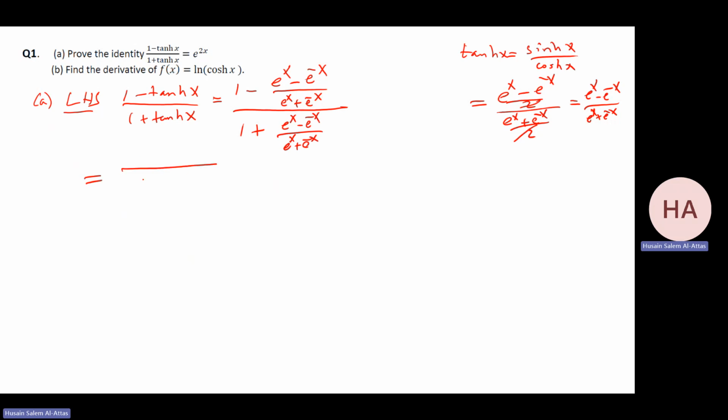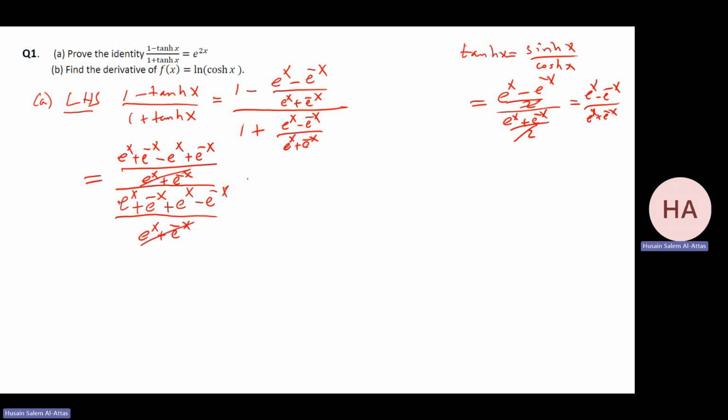That will be over e to the power x plus e to the power minus x, minus e to the power x plus e to the power minus x, over e to the power x plus e to the power minus x plus e to the power x minus e to the power minus x over this.